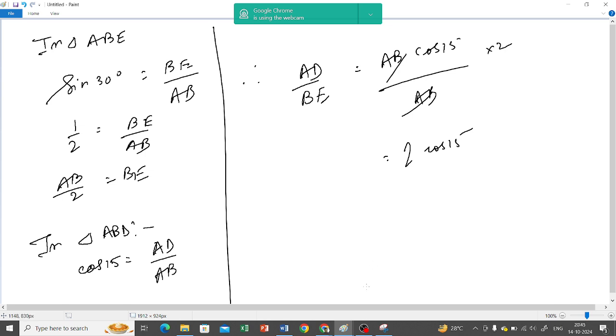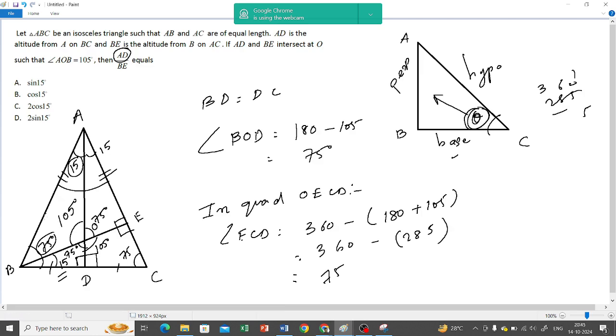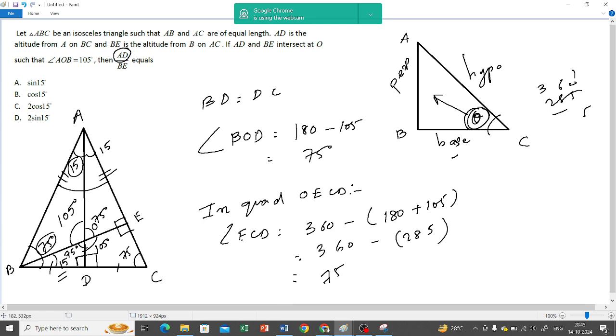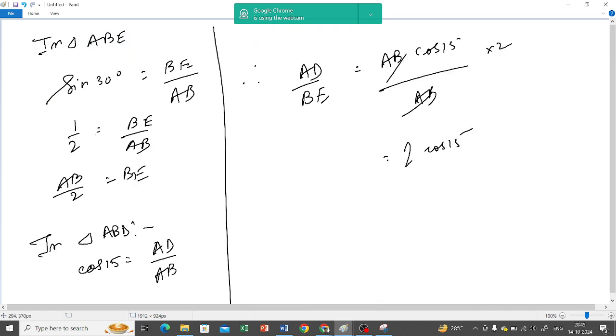Okay. So first of all you need to find out all these angles. Then you need to take two triangles so as to associate this AD and BE sides. So that is why I took triangle ABE. From here I took sine A. What is A? 30 degree. Sine 30 is which one? This one. So sine 30 is what? Perpendicular by hypotenuse.